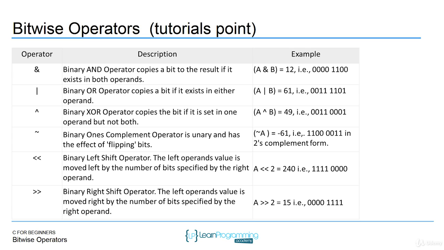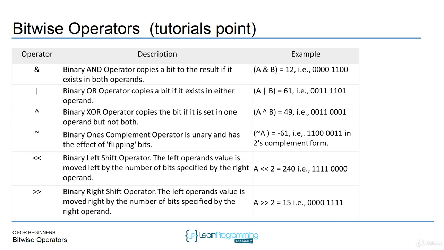The less than symbols, doubled, are going to shift bits to the left. So the left operand value is moved left by the number of bits specified by the right operand.